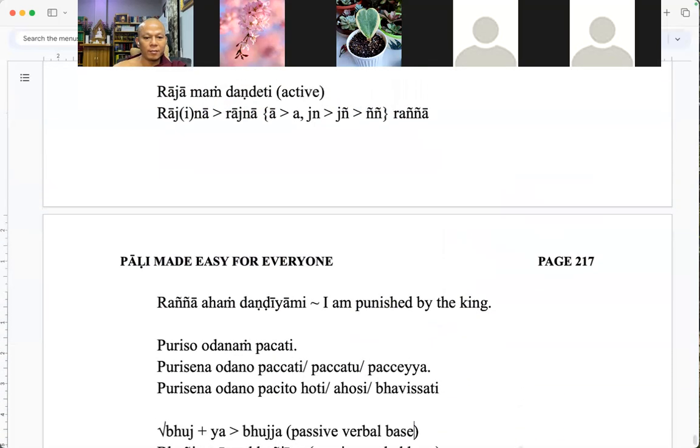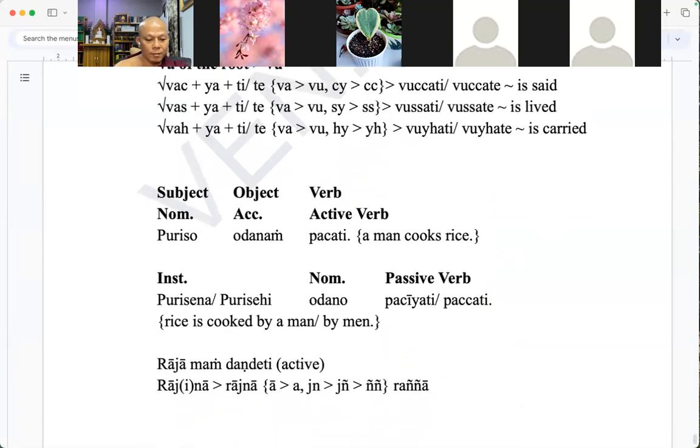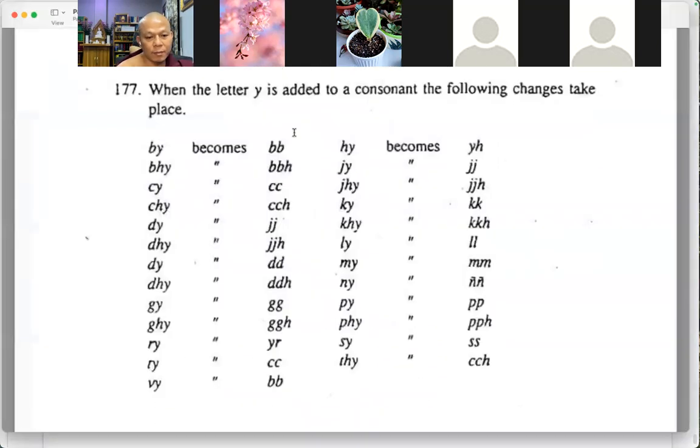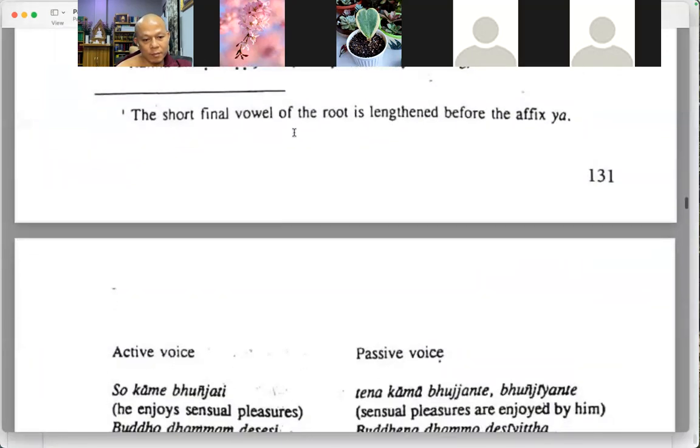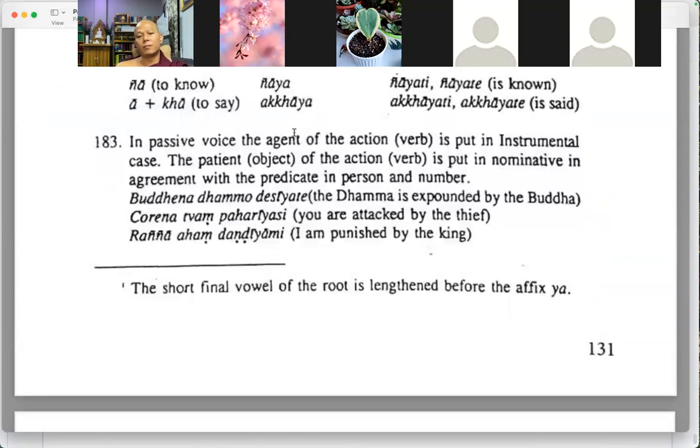It's for the sentence structure. So with the passive verb, there is the instrumental, and then it goes with the sentence structure, Bante.